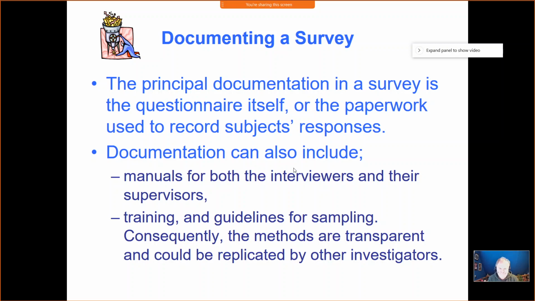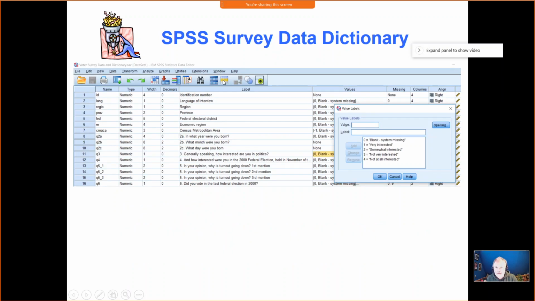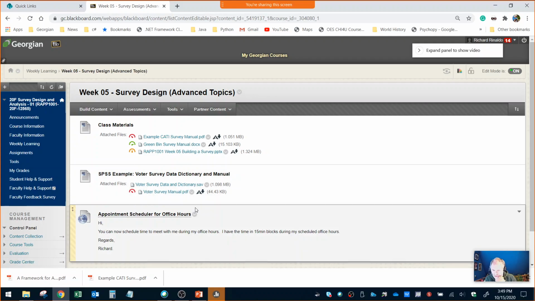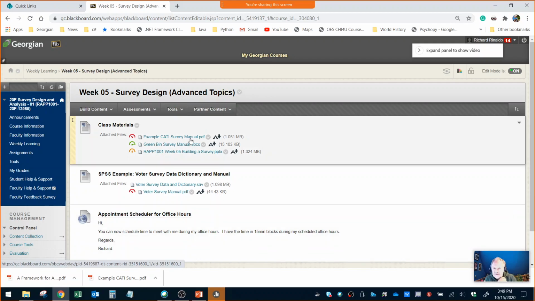And just to show an example, I have a computer CATI survey manual.